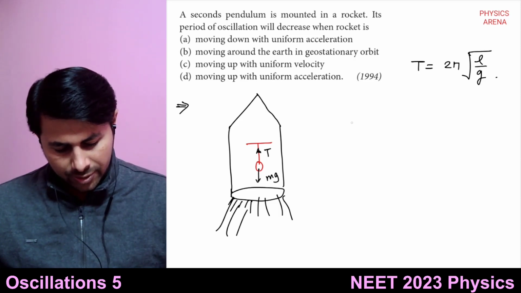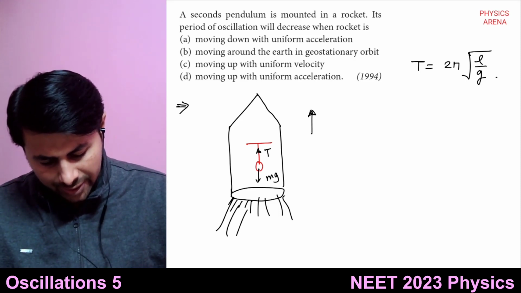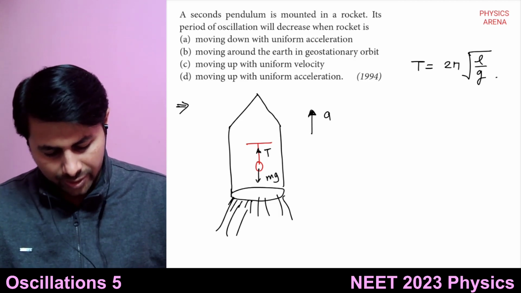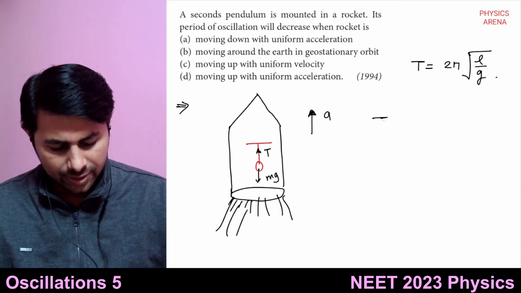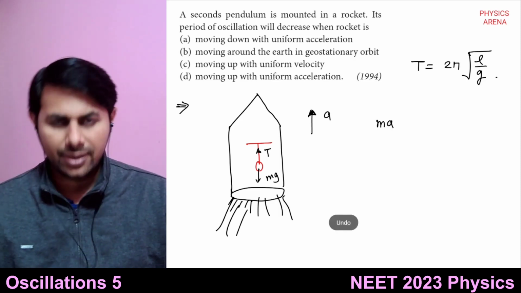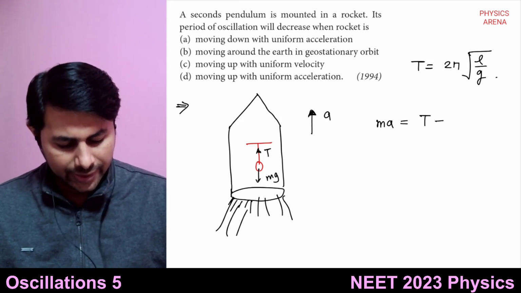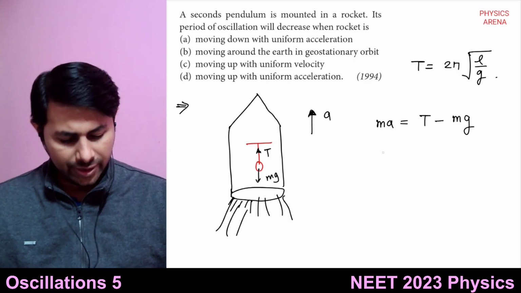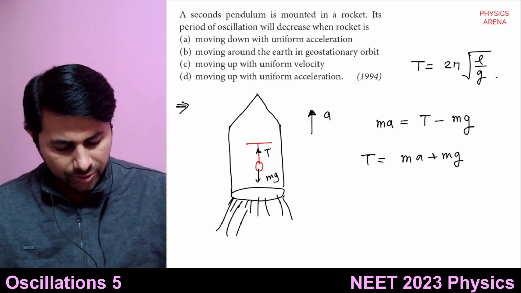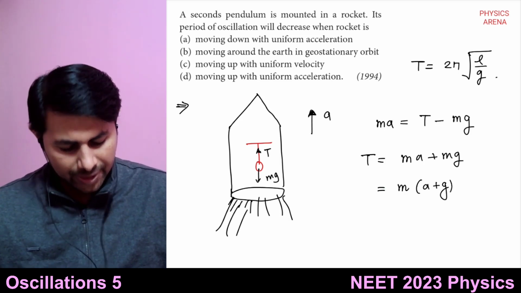So you want it to increase. That's why it must move with upward acceleration, because then only this is tension. Then only you can say m into a, in the upward direction, is total upward force minus total downward force, that's mg. T is equal to ma plus mg, or you can say it is equal to m multiplied by (a plus g).